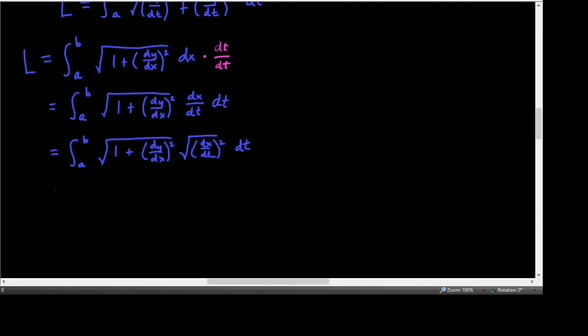Then if I distribute that into the other radical, since they're under the same radical, you can just multiply the radicands together. 1 times dx dt squared is dx dt squared.